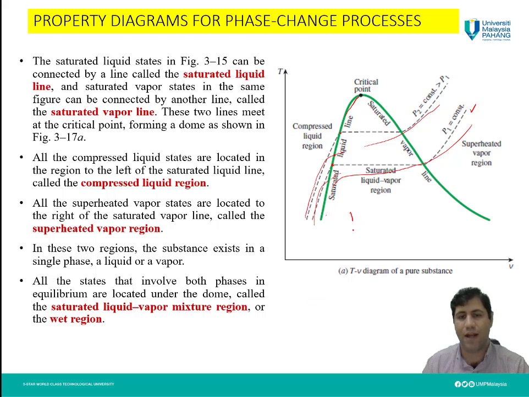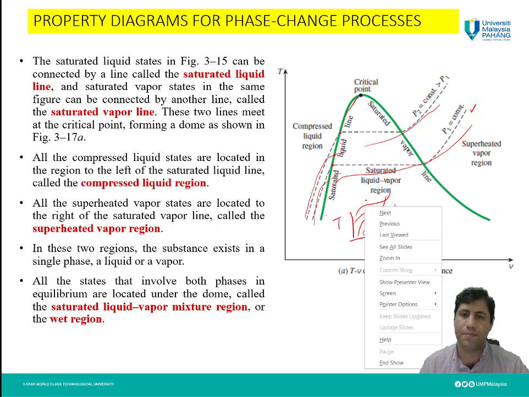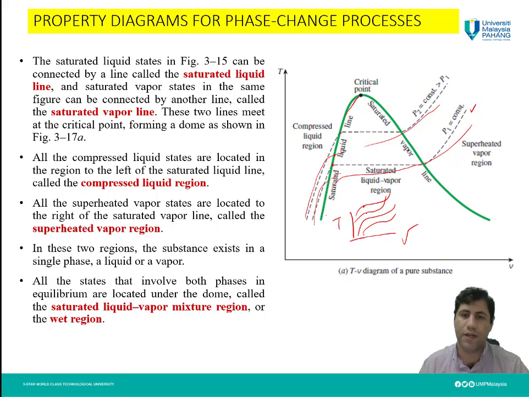Imagine we have a graph like this. This is a T-v diagram. Then we have too many graphs like this, each one of them for constant pressure. If we find the point which is for saturated liquid on each graph, we will have something like this.